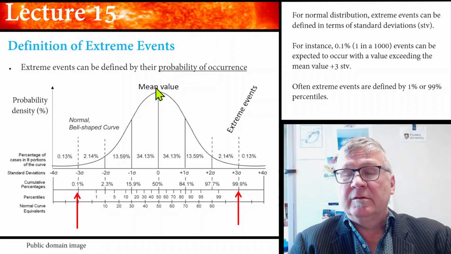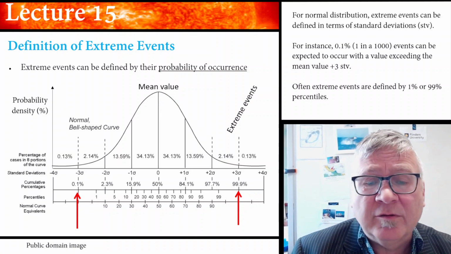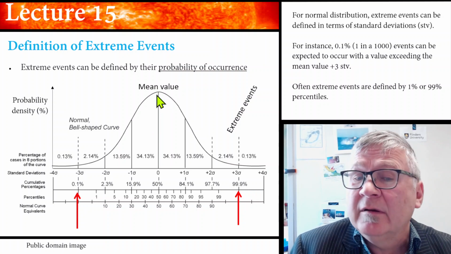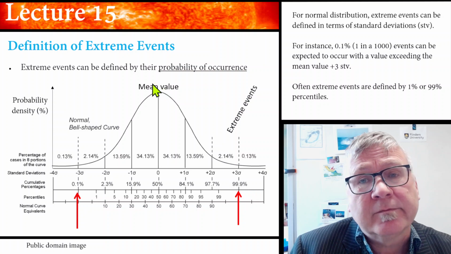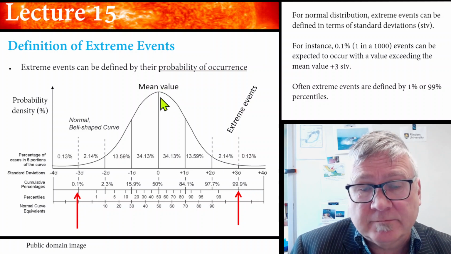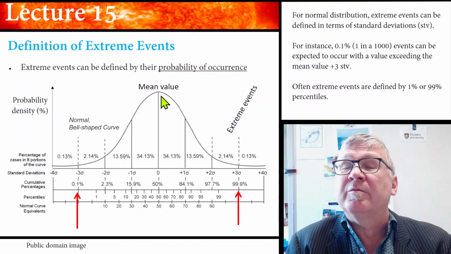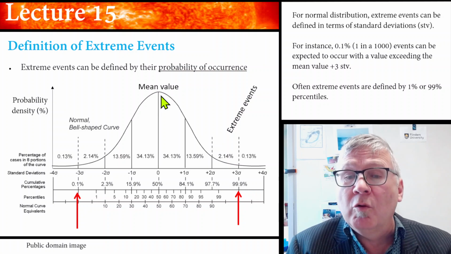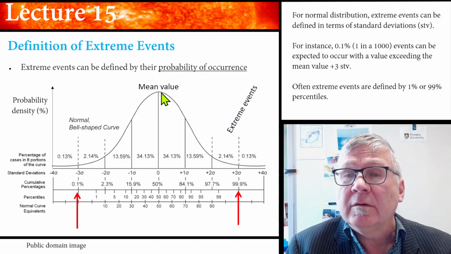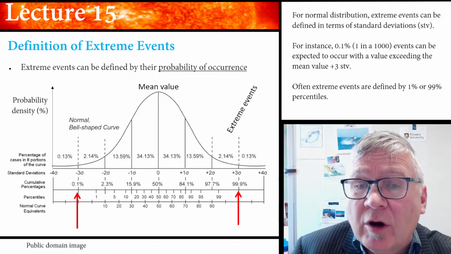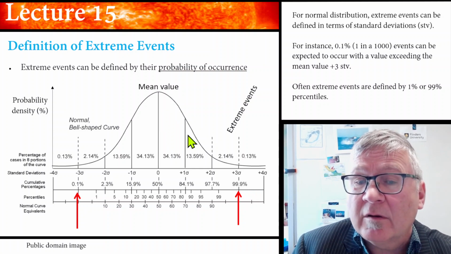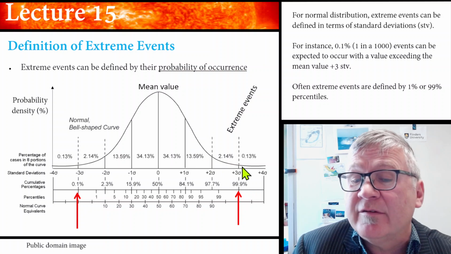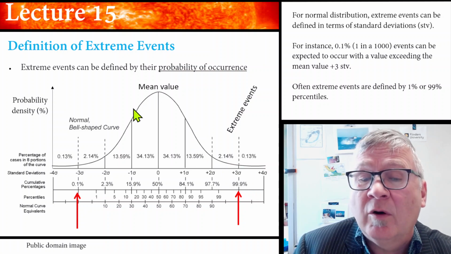So you sorted all your data, and this one is the most often occurring value. And then temperatures which are higher or lower occur less often. This is why your curve decreases as you go to the right or to the left.